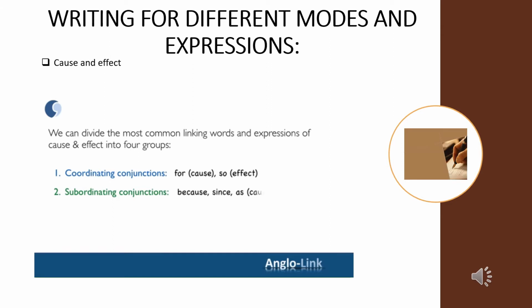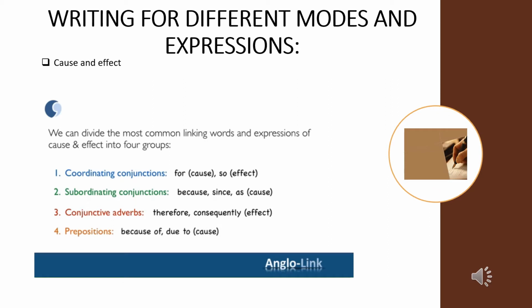These are because, since, and as for cause. The third group is conjunctive adverbs. These are therefore and consequently for effect. And finally, prepositions, because of, and due to, which express a cause.